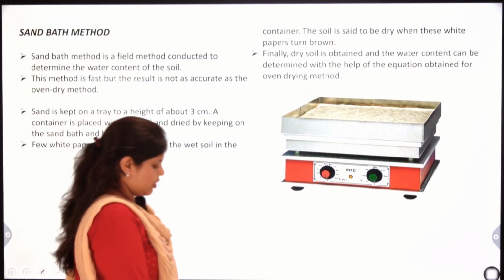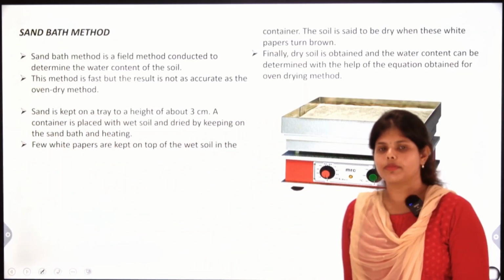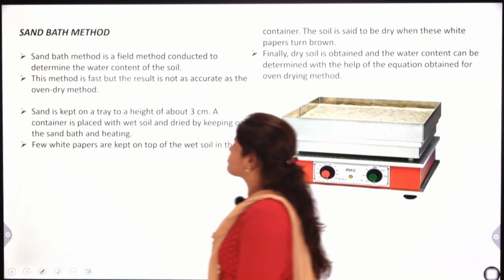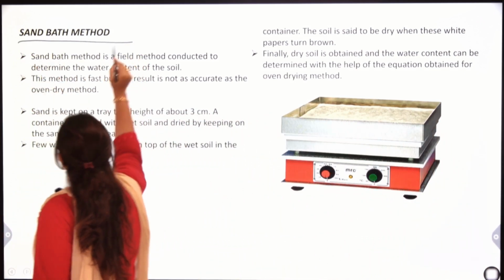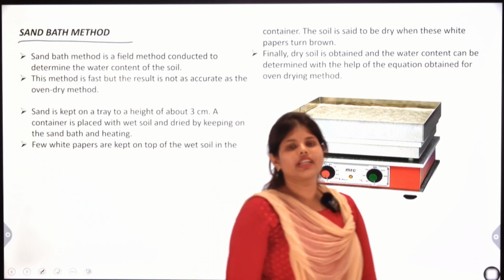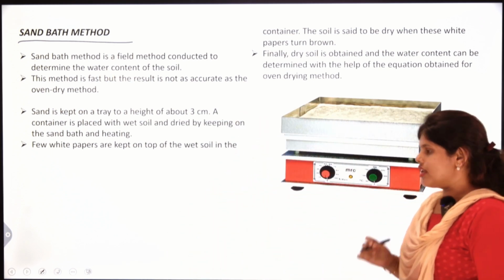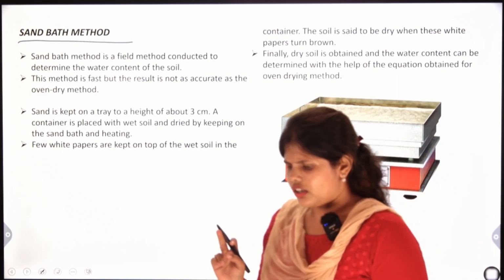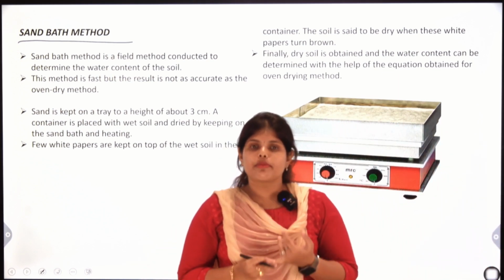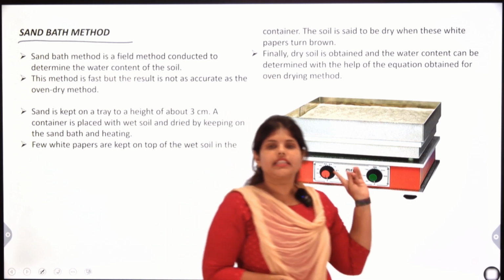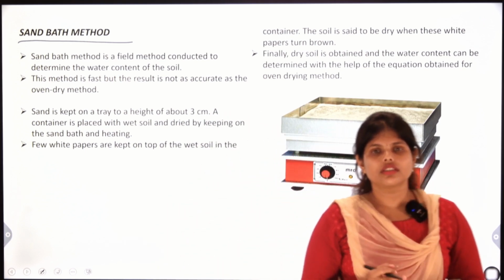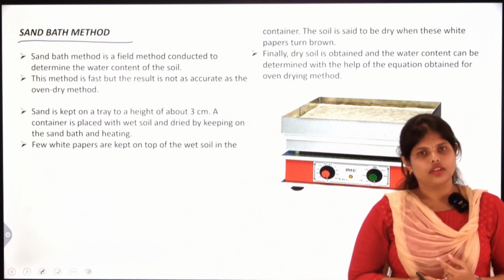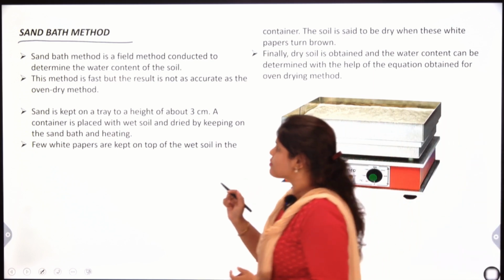So, here next is our sand bath method. In this method, as we have done the oven drying method, Torsion balance method and pycnometer method, those are laboratory methods, but this sand bath method we can conduct in the field only. Okay, this is a field method.